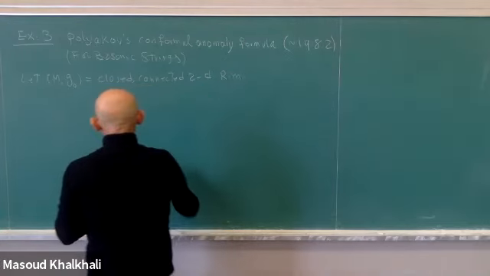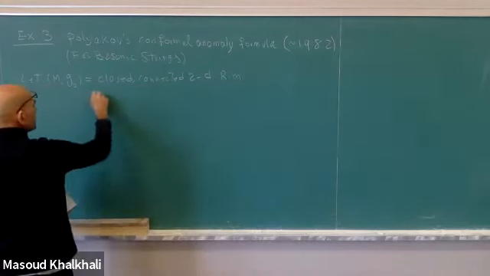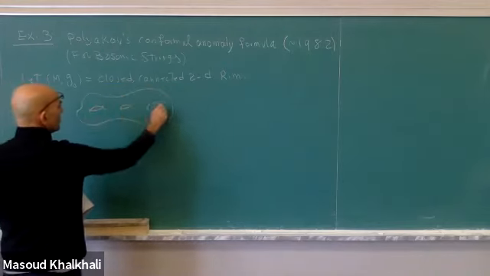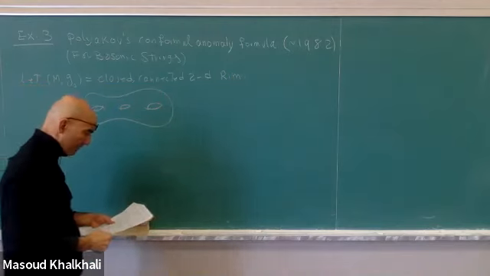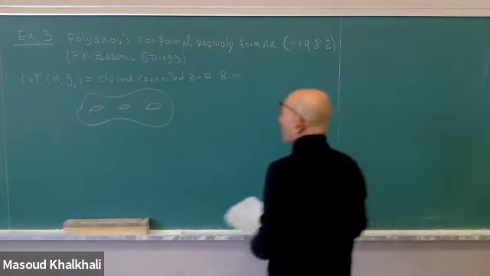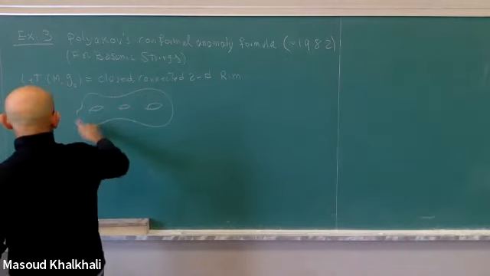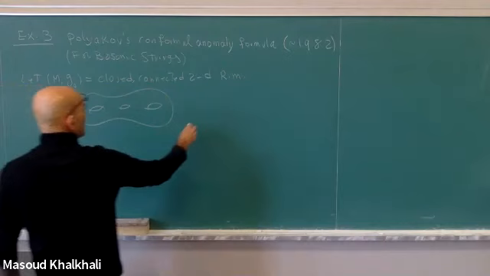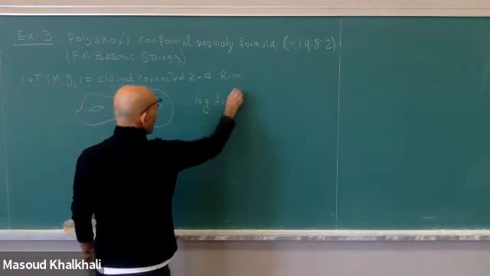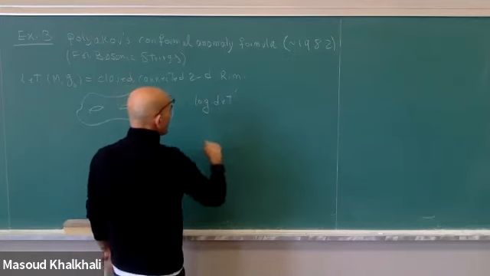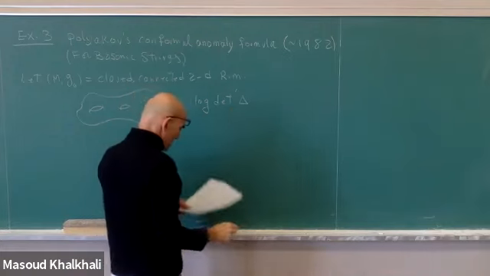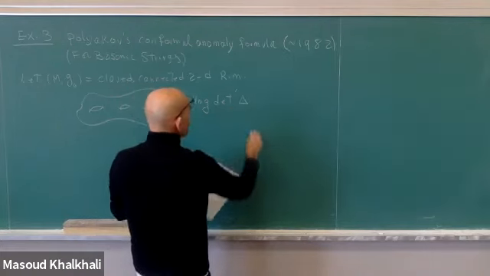Okay, so of course, from here we have that prime of zeta. So let me put this delta G0.